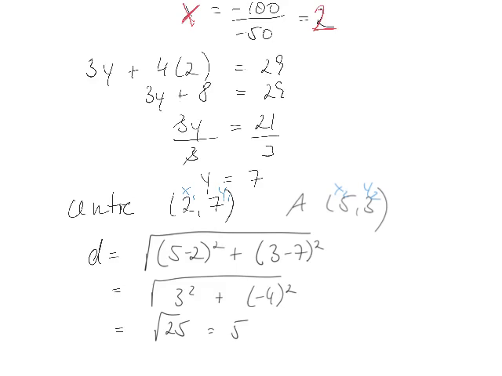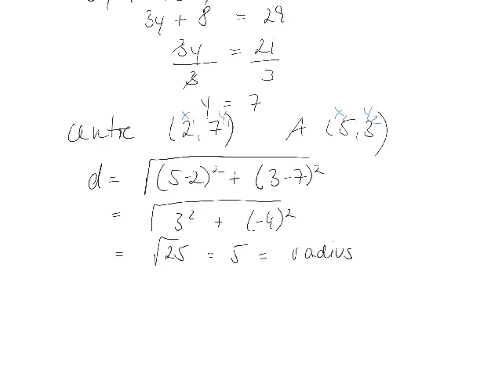So my radius is 5. So now I have the center and I have the radius, and I can go x minus 2 all squared plus y minus 7 all squared equals 5 squared, which is 25.